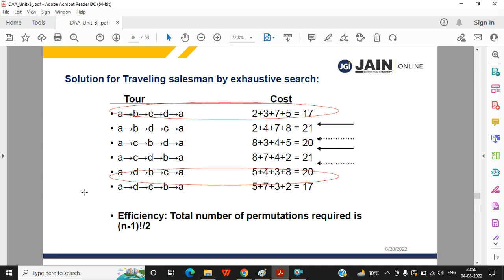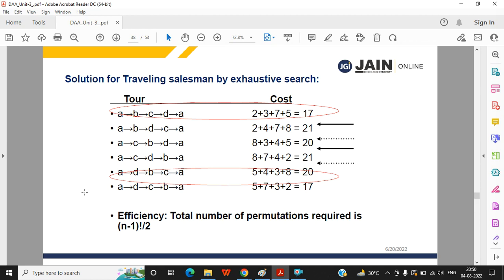If you have n numbers and you have to find every possible permutation of the n numbers, then how many permutations will you have? n minus 1 factorial, or you can say n factorial.